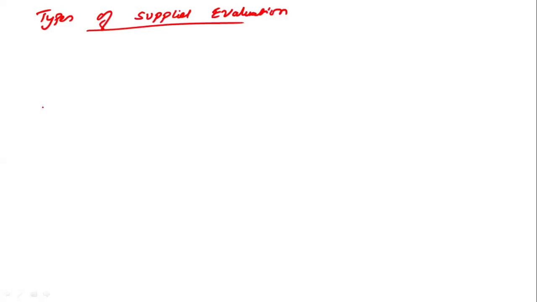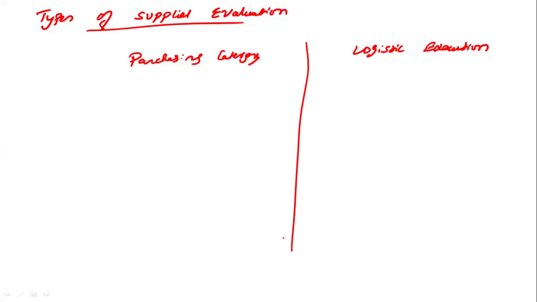Types of supplier evaluation. We have two types. One is the purchasing category, and the other is logistic execution, or logistic information. So what is the difference?